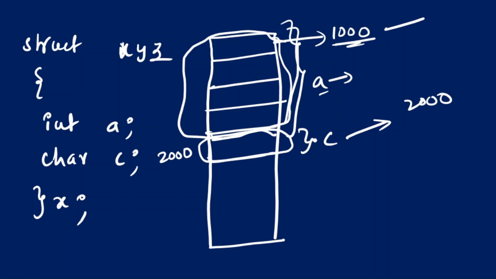This is how the memory will be allocated for the variables A and C once the structure variable X is created. Now, the amount of memory allocated for the structure variable X is 4 bytes plus 1 byte equals how much? 5 bytes of memory is allocated for the variable X. Means the memory is allocated individually, but here I'm not taking the padding into consideration.